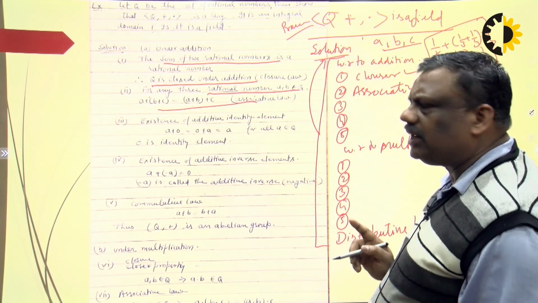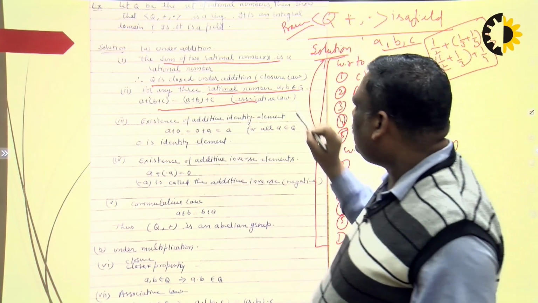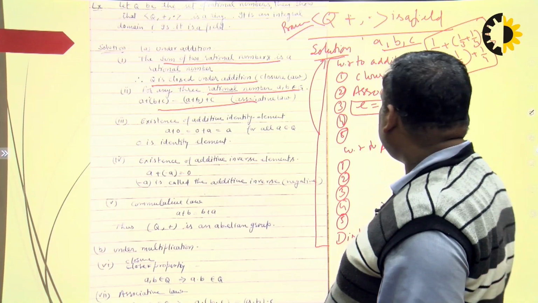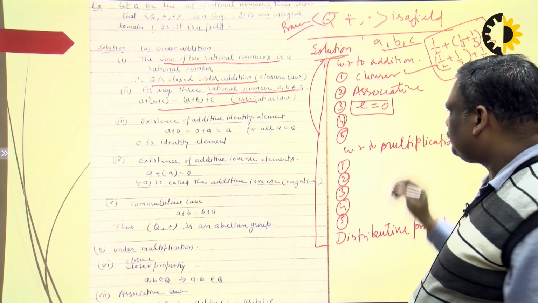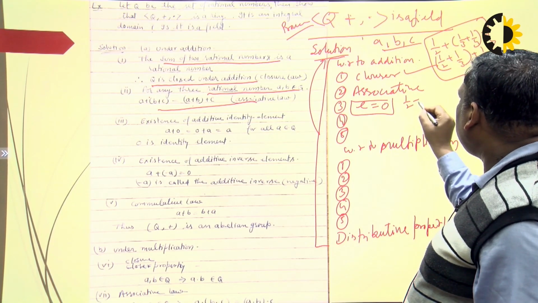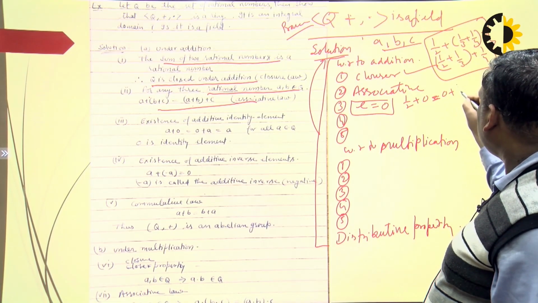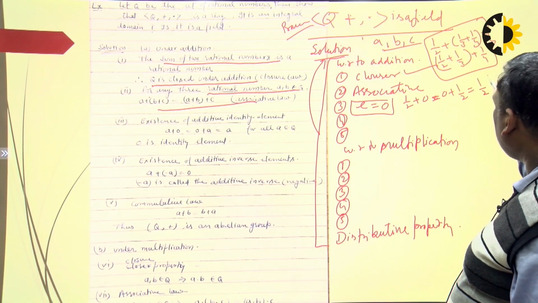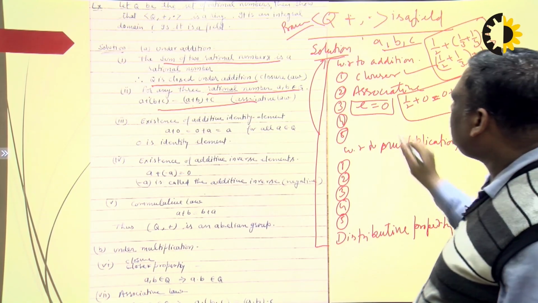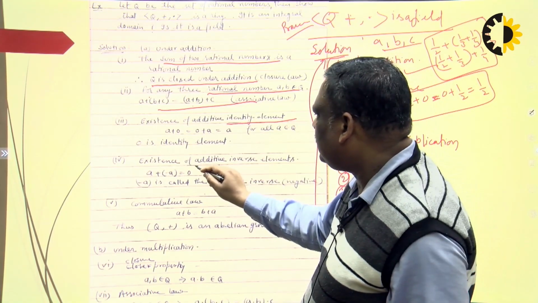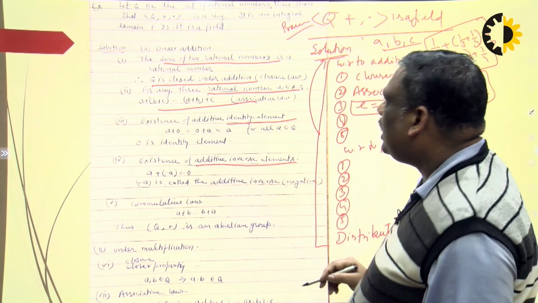Existence of identity: in the rational numbers, 0 is the identity element with respect to addition. So 1/2 + 0 is equal to 0 + 1/2, that is 1/2. So this property holds, that means existence of identity element. And the fourth one is existence of inverse.